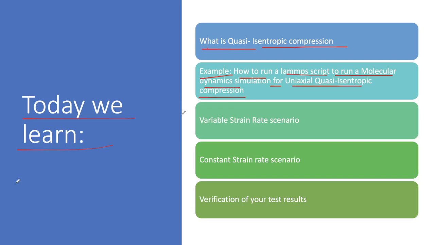Then I'm going to go into two scenarios. The first one is when the strain rate is variable, and the second one is when the strain rate is constant. And then finally we're going to learn how to do the verification of the results.